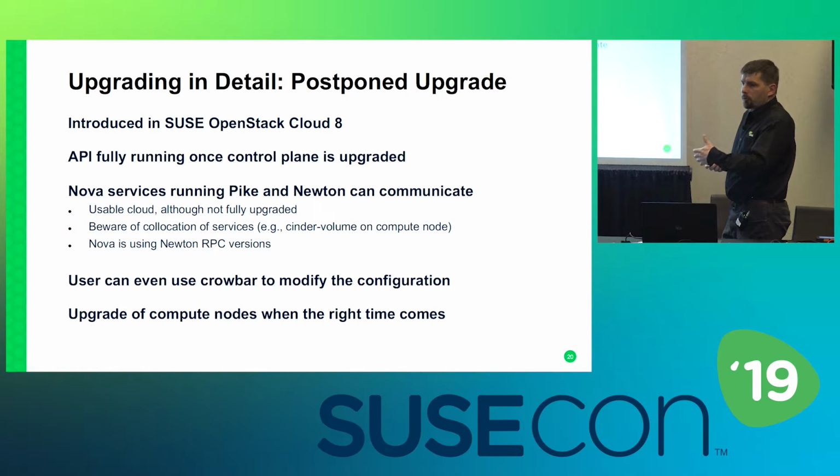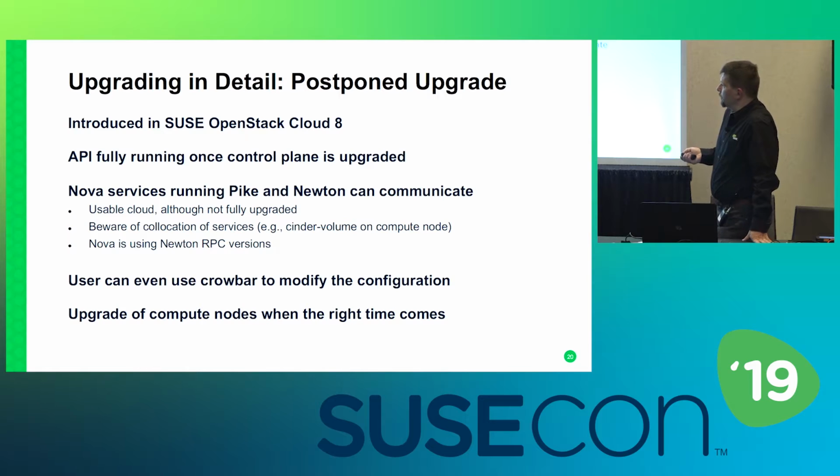So now there is an option that the user can say, I'm postponing the upgrade of compute nodes, and it basically tells Crowbar, the management application, that it could be used to modify the configuration related to control plane services. Because normally during the upgrade you cannot really use Crowbar to reconfigure anything. It's forbidden.